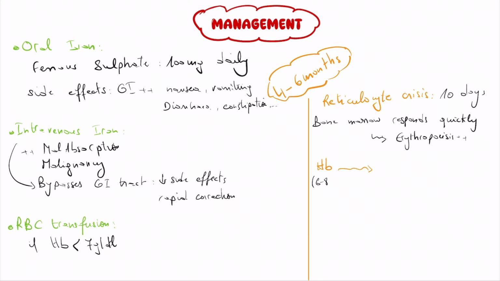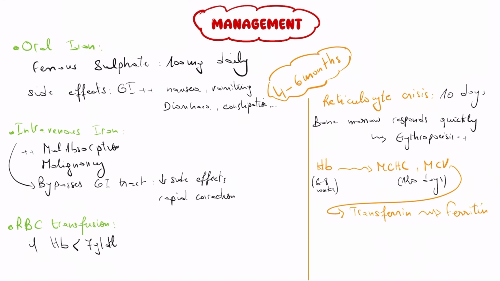Then you'll have a correction of the MCHC, the MCV, in around 120 days. Then transferrin, and finally ferritin. So, the clinical correction of hemoglobin and the symptoms will happen in around 2 months, and the replenishment of iron stores will happen around 4 to 6 months.